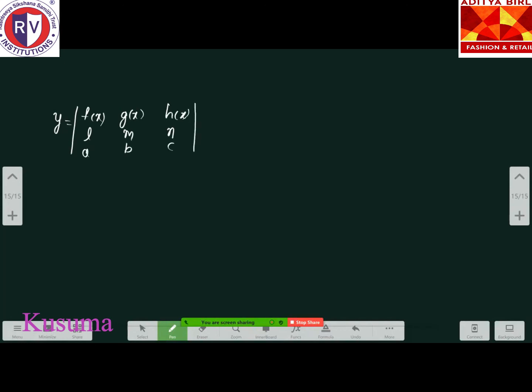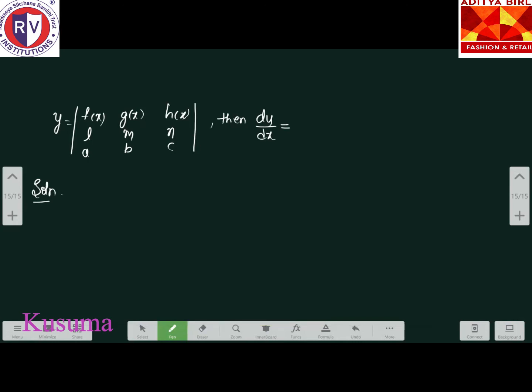So this is your function. Then dy by dx is equal to. The options are pretty big. I think you have that in the PDF.